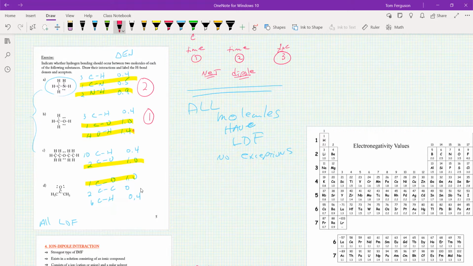I would say they're kind of even. This one would probably be a little stronger because it has 2 COs. This one has 1 CO. So basically, you're just looking at how strong the delta electronegativities are.